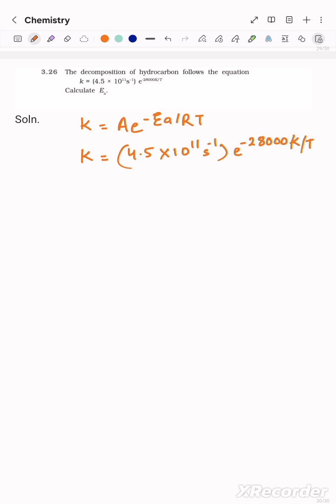Now we have to compare this equation, e to the power minus Ea by RT with e to the power minus 28,000 K by T. So we compare: e to the power minus Ea by RT is equal to e to the power minus 28,000 K upon T. This is given.